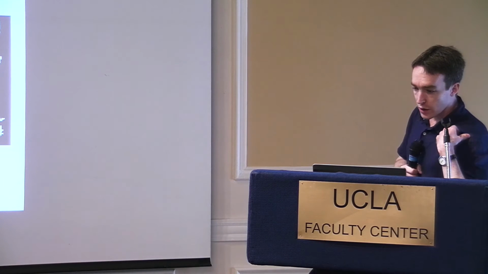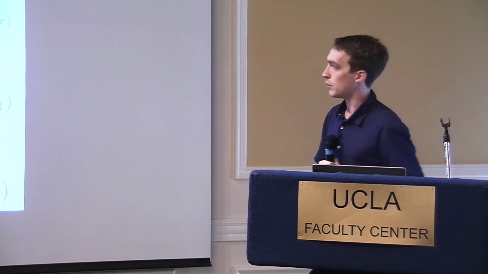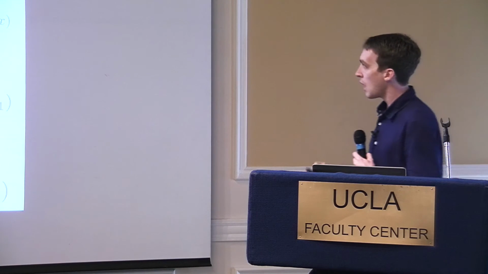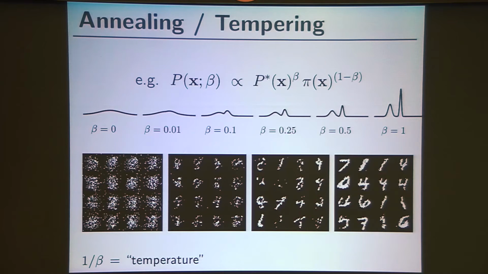Okay, so I'm going to do something completely unreasonable. I just want to say up front how unreasonable this sounds. What I want to do is use this sequence of temperatures and do something that looks like simulated annealing, but import it into importance sampling so that I can compute normalizing constants. So rather than showing the maths on the next slide, I'll tell you what I'm going to do.